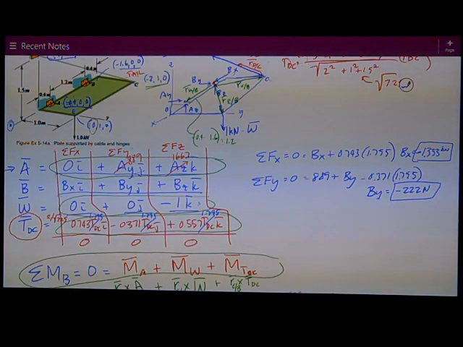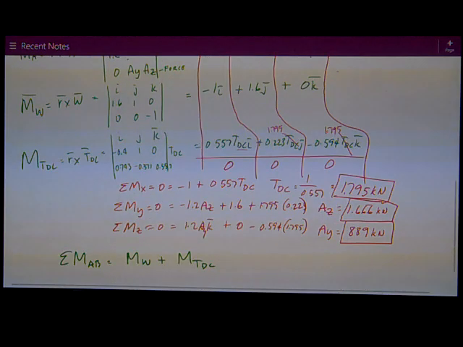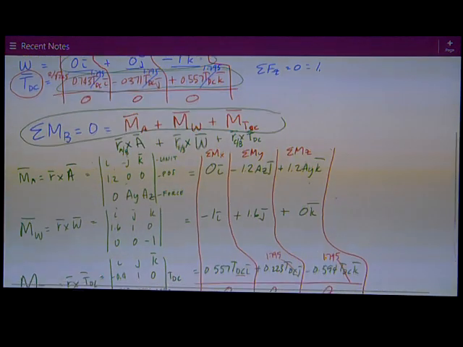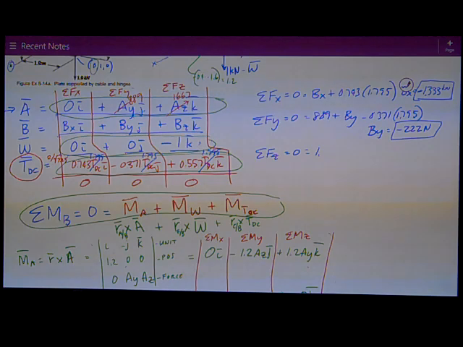Rewrite this third column horizontally. Sum of the forces in the z direction is 0. I've got 16. All of these, this is 0.889. I'm mixing my units. What did I report down here? This is 0.889 kilonewtons. Getting confused on kilonewtons and newtons. So I got 1.667 plus Bz minus 1.0 plus 0.557 times 1.795.